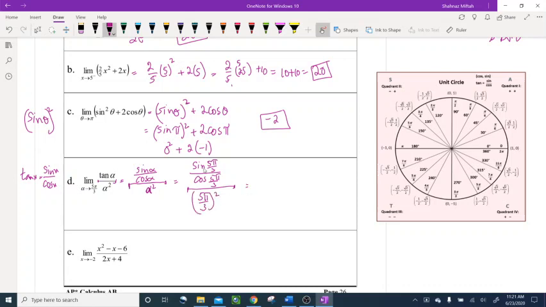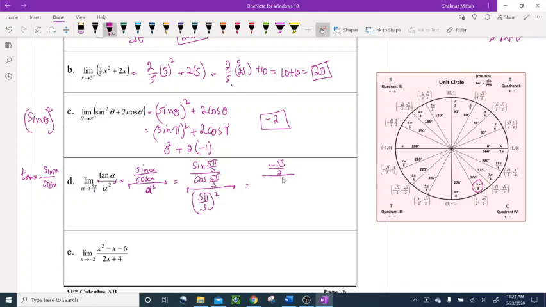And it's equal. Let's try, what is sine 5 pi over 3? Find 5 pi over 3 first. So my 5 pi over 3, this is 5 pi over 3 right there. And what is sine? Sine means a y value. So negative square root 3 over 2. Negative square root 3 over 2. Okay, then what is cosine 5 pi over 3?